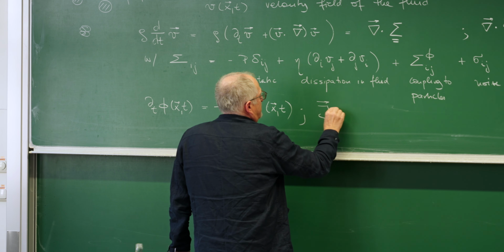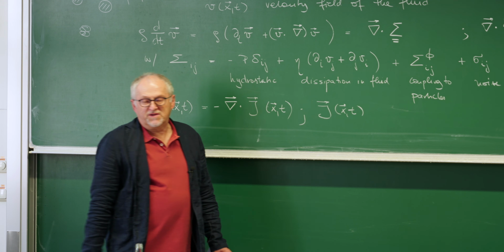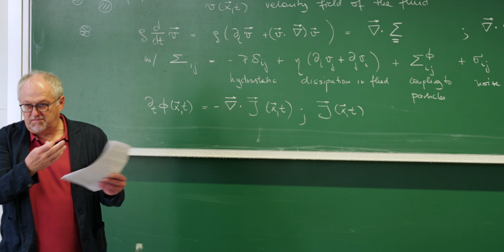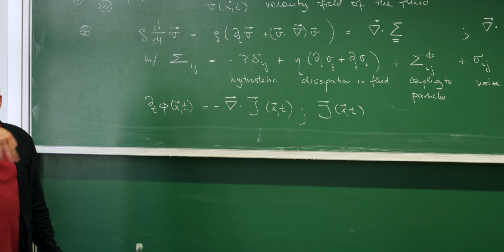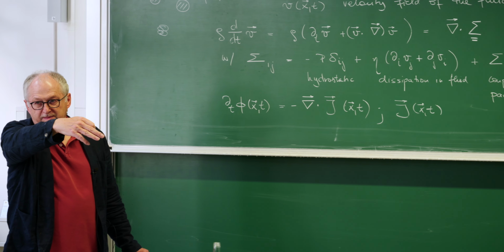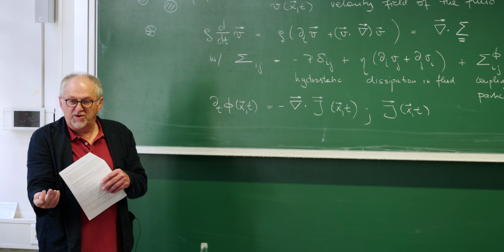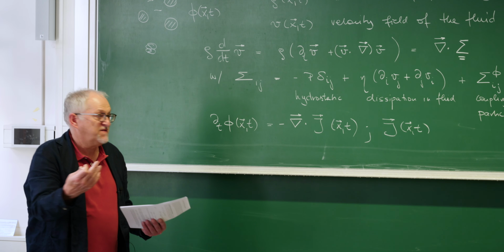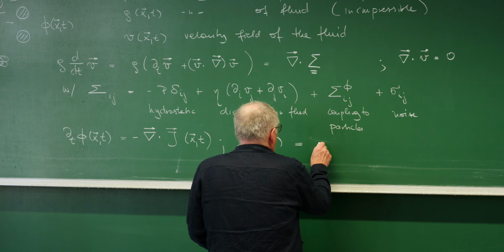And this current will have two contributions. And now this is a partly intuitive answer. One is clear. If the fluid is moving, it will advect the particles with it. Okay? Because we don't assume there's any kind of slip between the fluid motion and the particle motion, so they will be advected with the fluid.